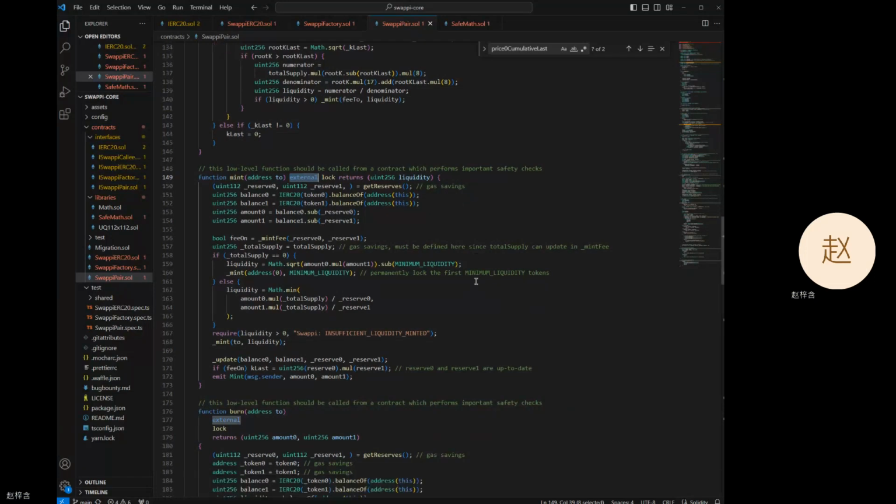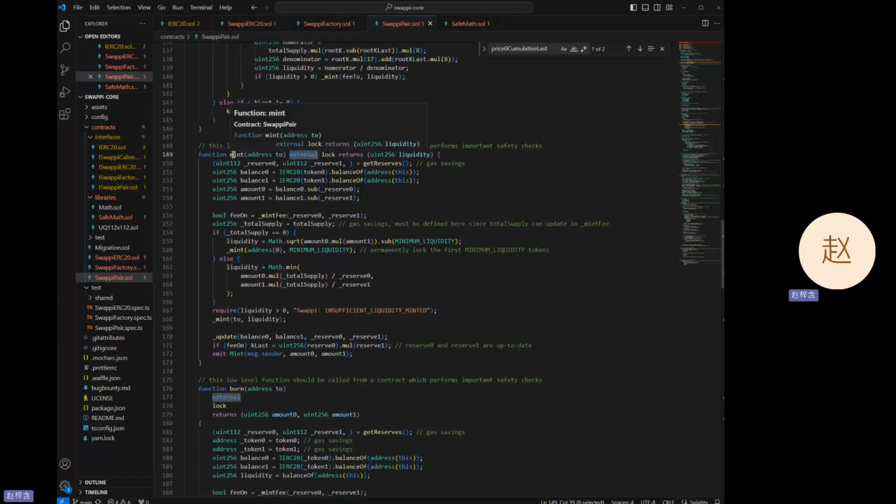As for the mint function, the user has to transfer two tokens into the Swappi pair contract, and the mint function will mint the corresponding amount of Swappi shares to the user.